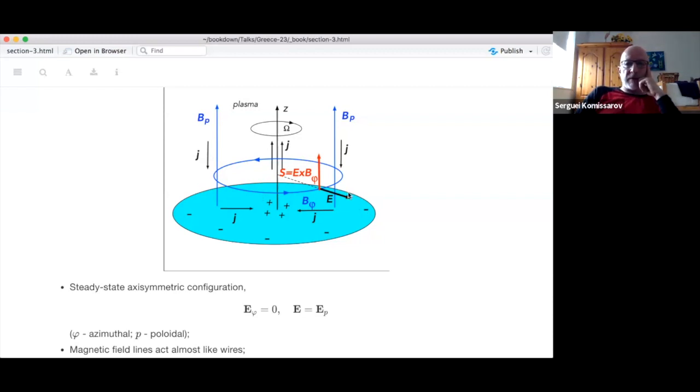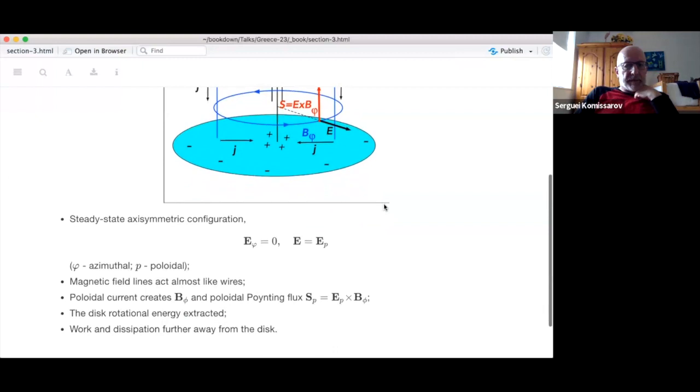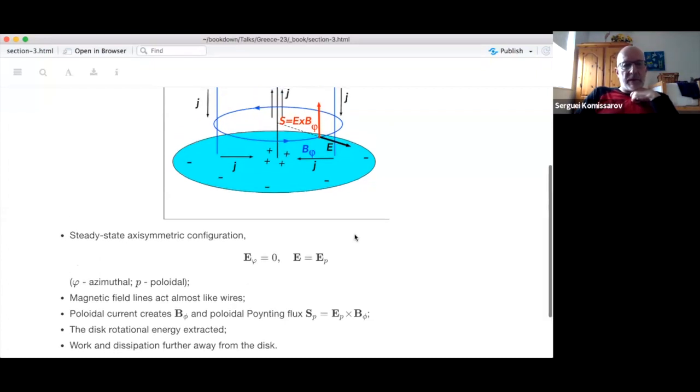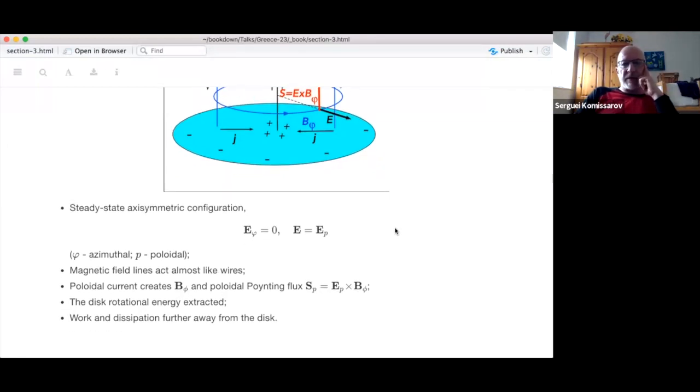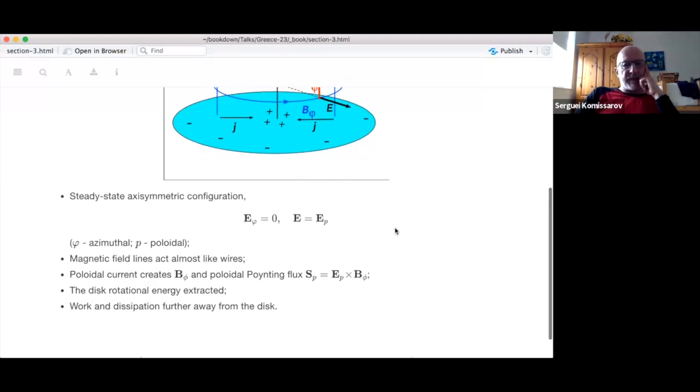And as a result of the rotation, we've got an electric field, which is radial, and the cross product of those two fields creates the outgoing Poynting flux. Okay. And as a result of this Poynting flux, the rotational energy of the disk can be extracted, and later this energy can be used in order to do some work, let's say accelerate an outflow, or do some dissipation, some heating of plasma further out.